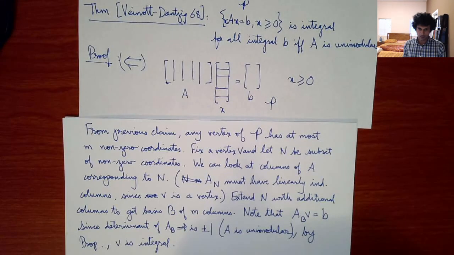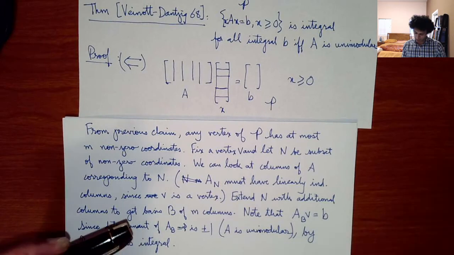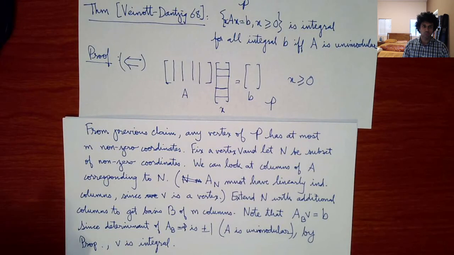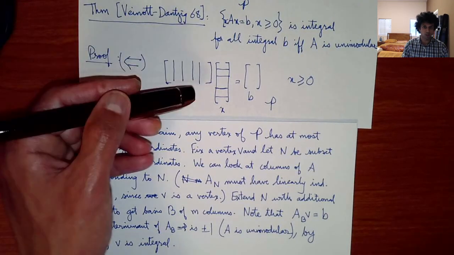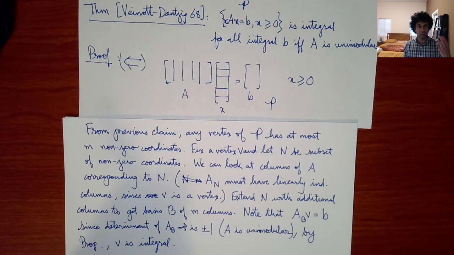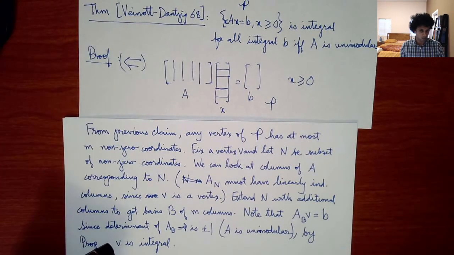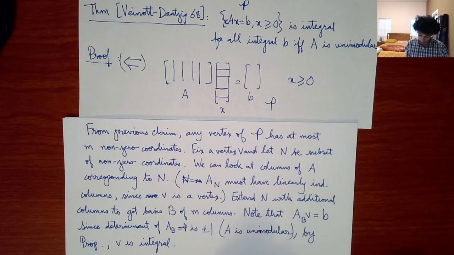And because that is the case, we can take those columns, construct the linear system, and because it's unimodular, the determinant of that square submatrix is plus minus 1. This is the key point where you use unimodularity. And so by our proposition that we proved, V is integral. So all vertices are integral.